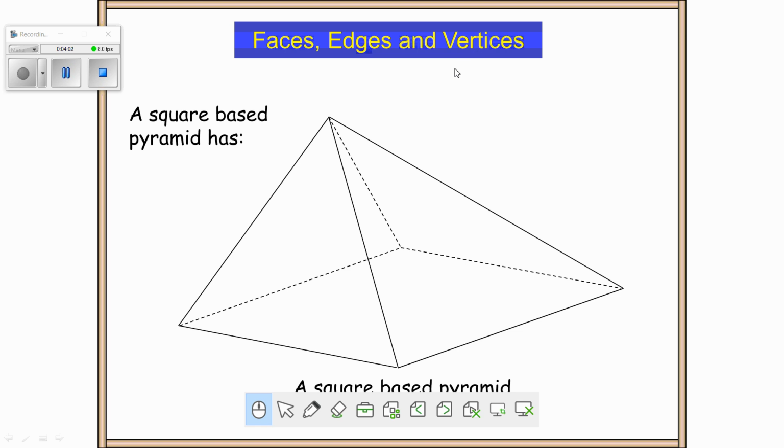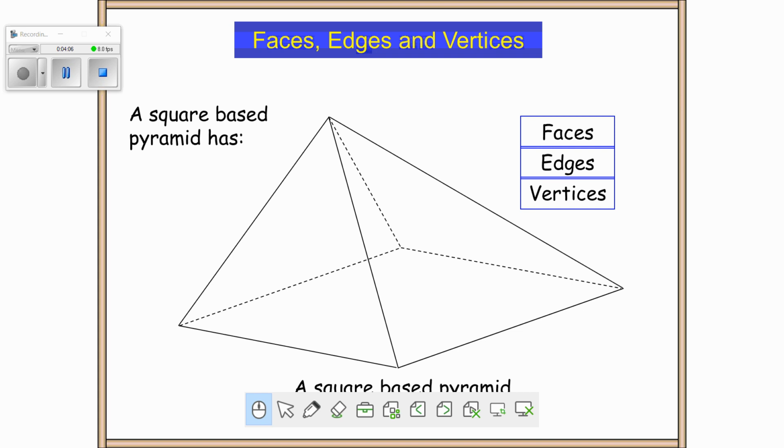Yes, now I can. The pyramid has 1, 2, 3, 4, 5 faces. So the pyramid has 5 faces. Yes, I'm correct.